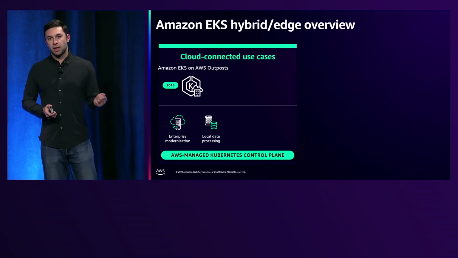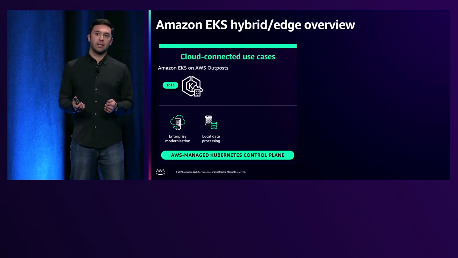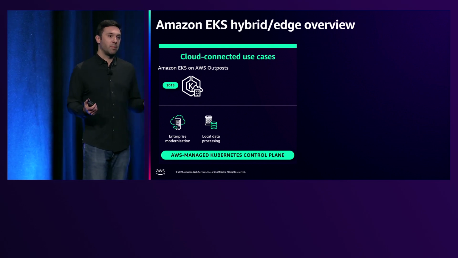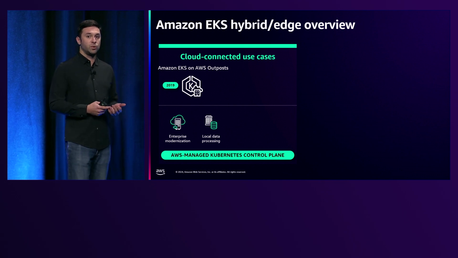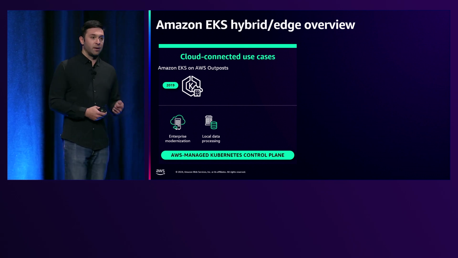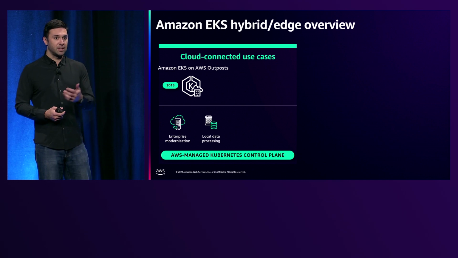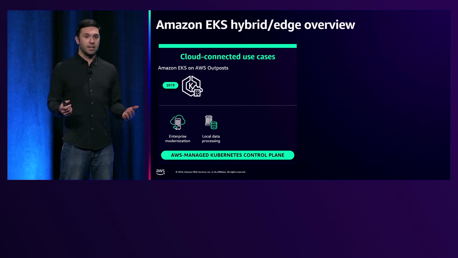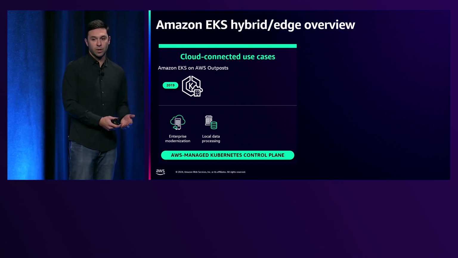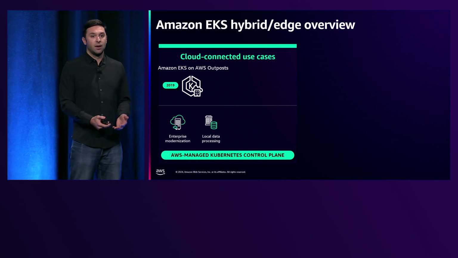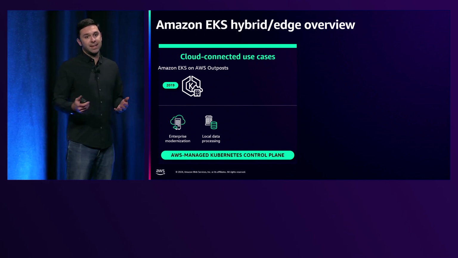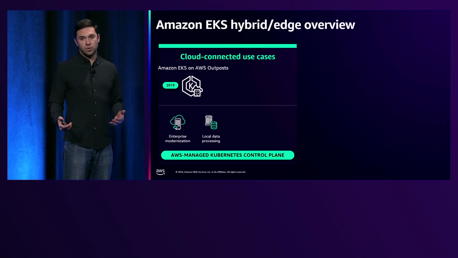One of the really great things about Outpost is the consistency that you get with how you run applications in an AWS region. For example, you can use EC2 for compute, VPC for networking, EBS and S3 for storage, and yes, EKS for your containerized workloads. We've learned that customers really like the experience that they get with EKS on Outpost because it is consistent with how they use EKS in the cloud.